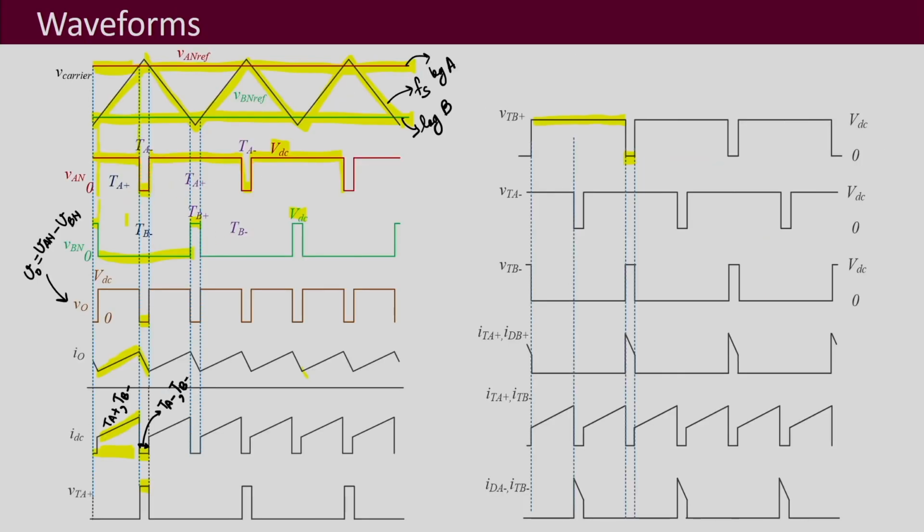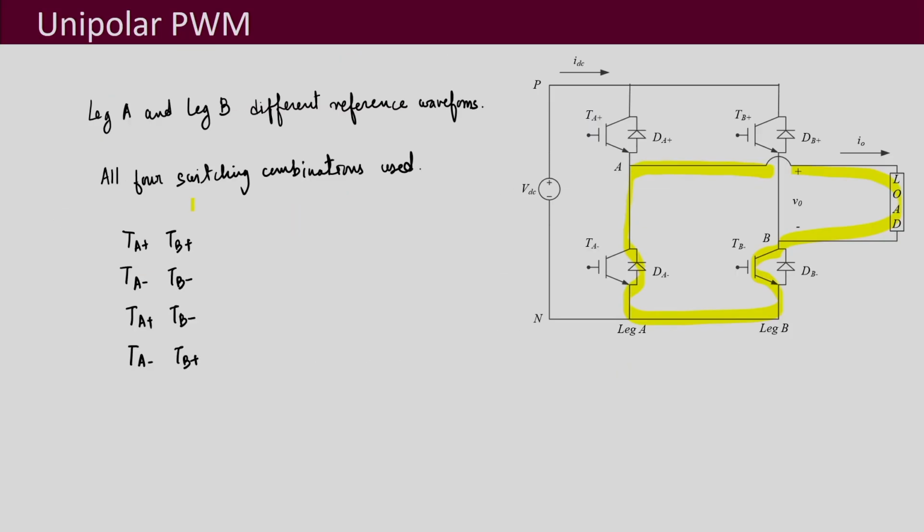So, TA plus and TB minus, TA minus and TB minus, these two combinations, and TA plus and TB plus, the upper two switching combination, that also we can look into. With the upper two switches on, it flows like this and then through this diode.